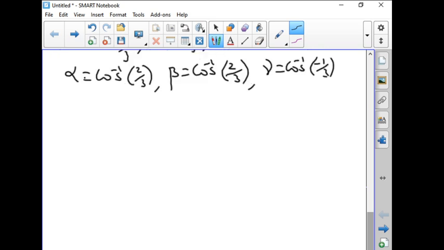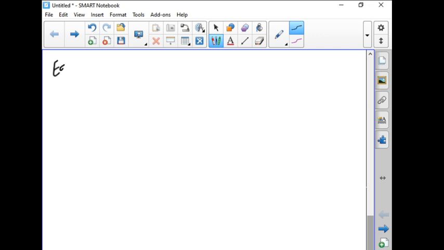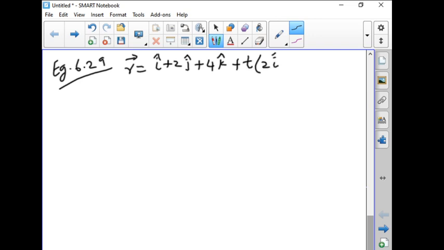Find the acute angle between the lines. r vector is equal to i cap plus 2j cap plus 4k cap plus t into 2i cap plus 2j cap plus k cap, and the straight line passing through the points 5, 1, 4 and 9, 2, 12. So, we have to find the acute angle.